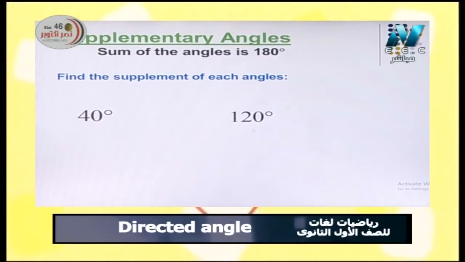Find the supplement angle of 40 and 120. We know that supplementary angles are two angles whose sum equals 180 degrees. So we have here 40 degrees.